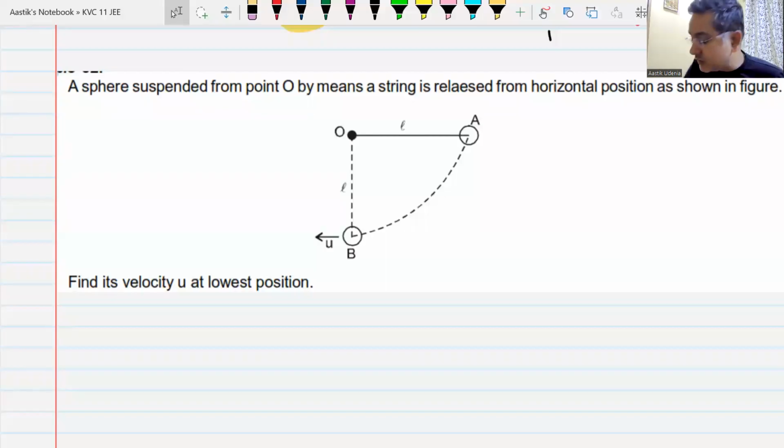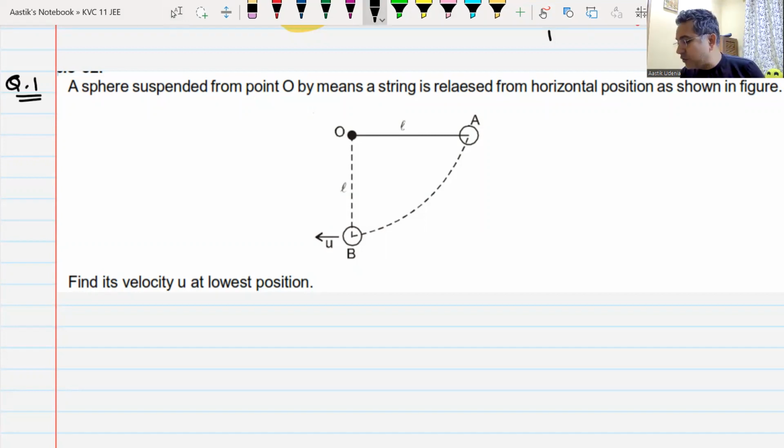So here comes the next question, and I hope that I would get an answer for this one. A sphere is suspended from the point O by means of a string. This is a string, as you can see. This is a string of length L, and it is suspended by a string.